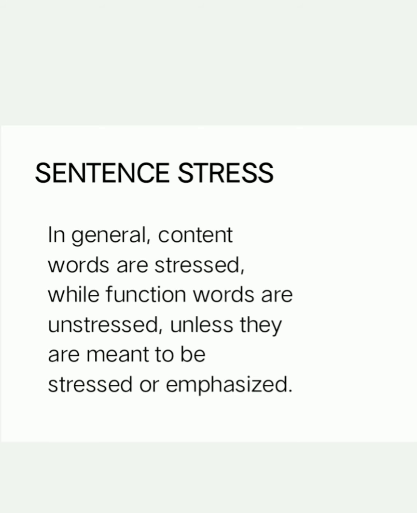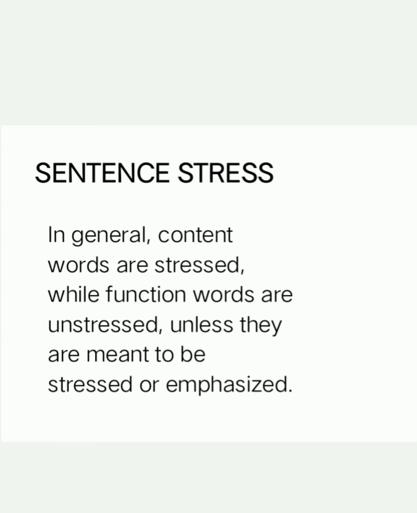Sentence stress. In general, content words are stressed, while function words are unstressed unless they are meant to be stressed or emphasized. Sentence stress is very important to English pronunciation.